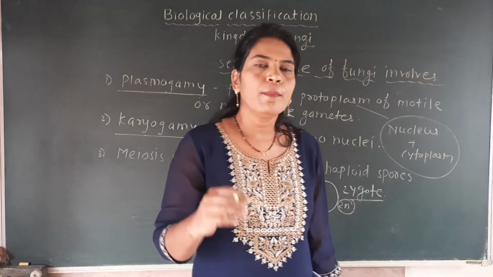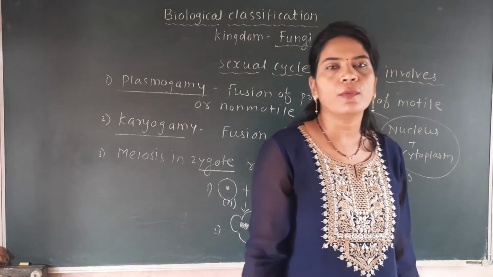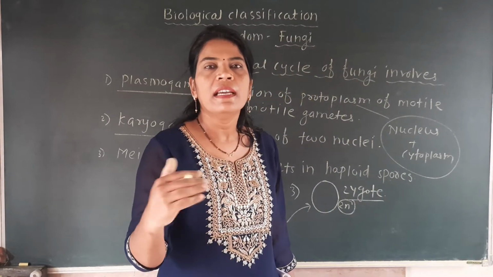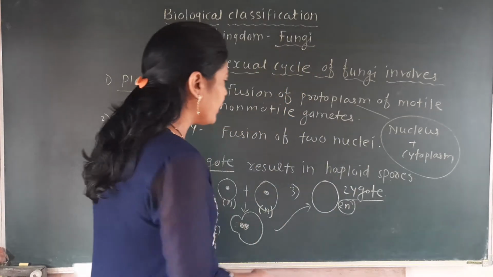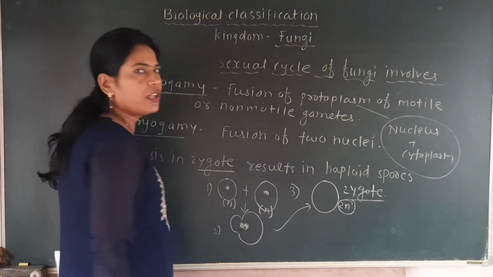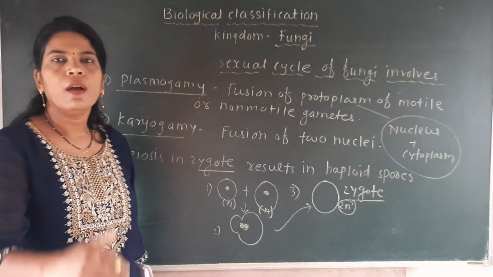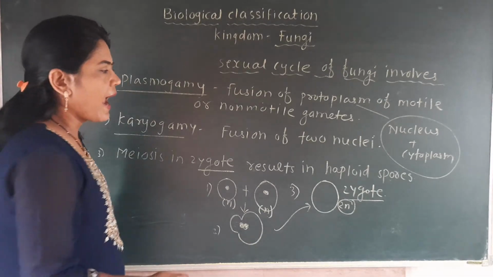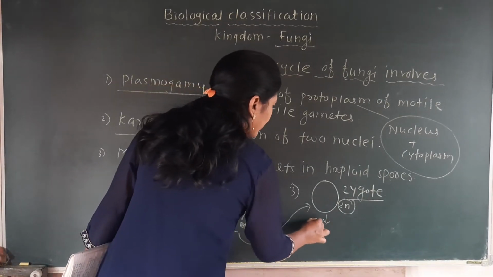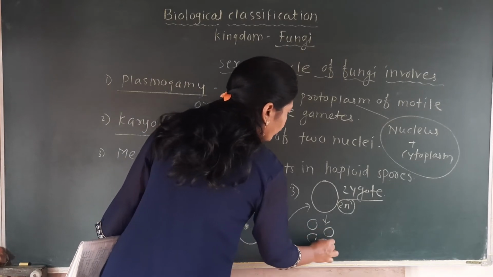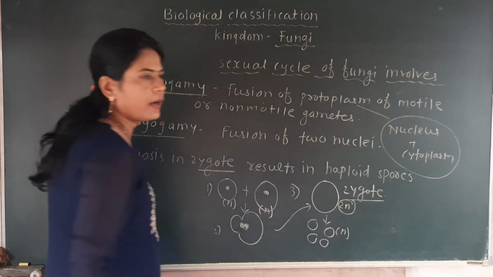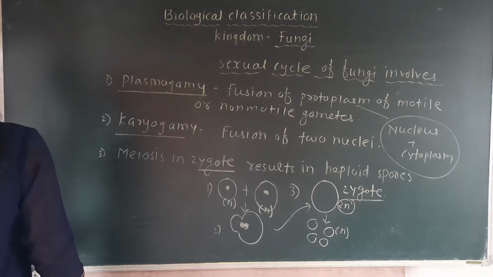But here meiosis means there is a reduction of the chromosomes, so it is called reductional division. So in this diploid zygote there will be reduction of the chromosomes, and by the reduction division there will be development of spores, and those spores are again haploid.